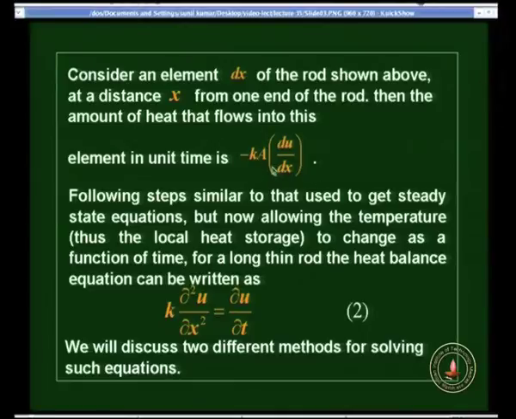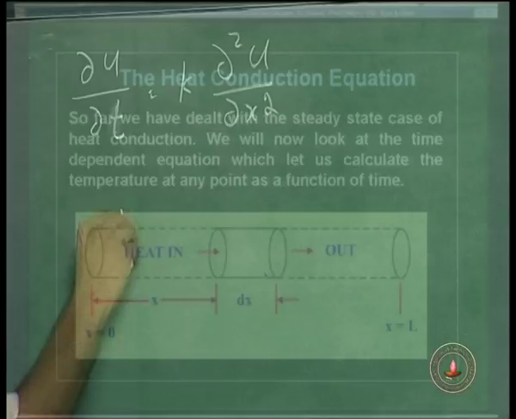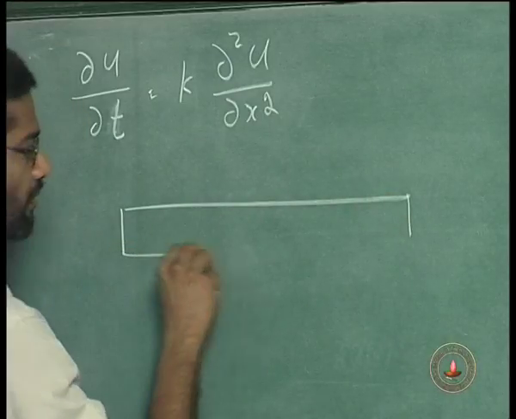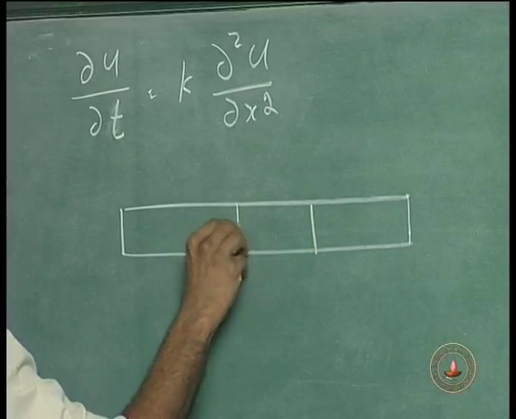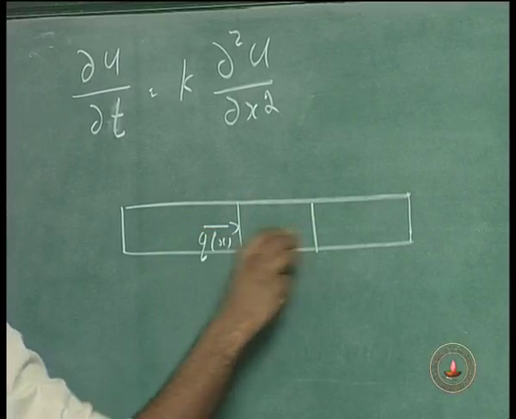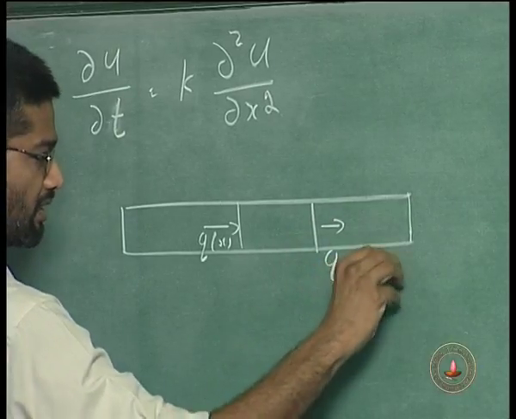Then we know that the heat which goes out here is Qx plus delta x. So the net change between what comes in and goes out, let me write in this form. You have this rod, and we are considering this particular section. What comes in here is Qx, and what goes out here is Qx plus dx for this thickness.